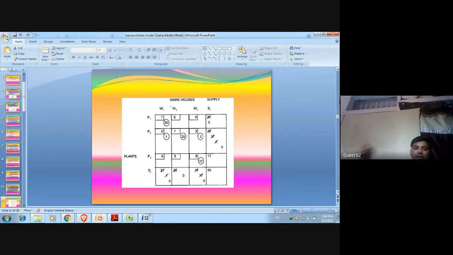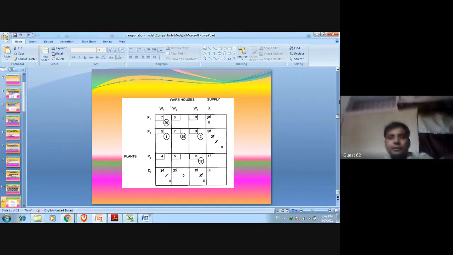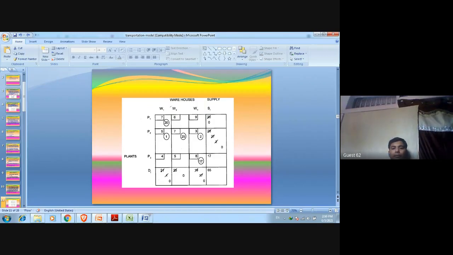According to that condition, plant P1 supplies 20 units to the warehouse W1. And plant P2 supplies 1 unit to warehouse W1 and 25 units to W2, and 2 units to W3. Plant P2 has 27 units.